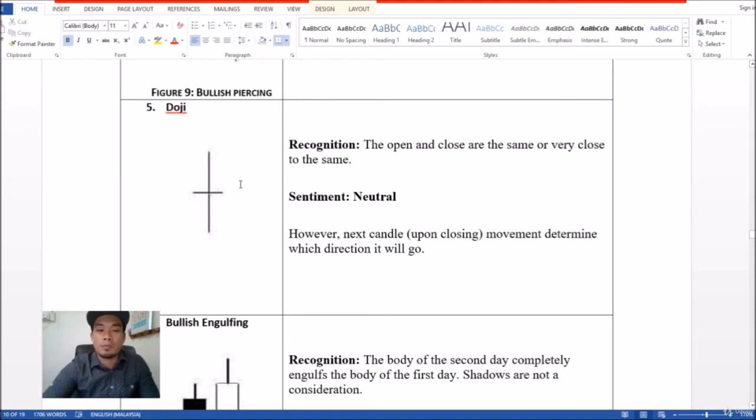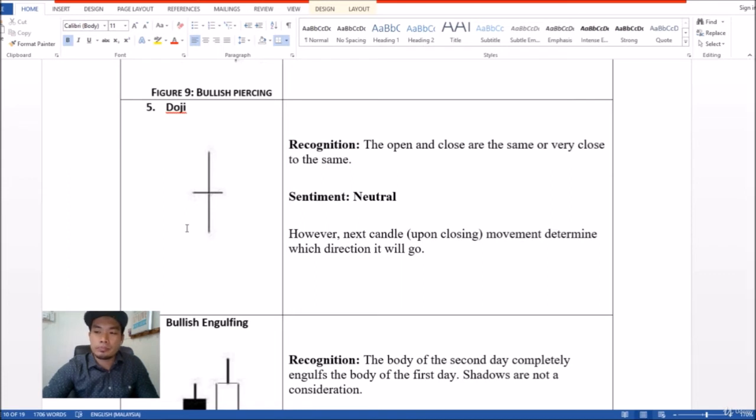We can't predict what happens. Sometimes it usually occurs at a certain support and resistance to indicate a price reversal, but sometimes we have to confirm it by seeing the next candle after the doji. Either it is going up or down.